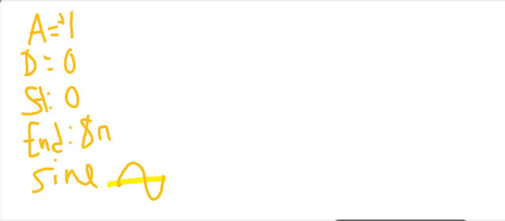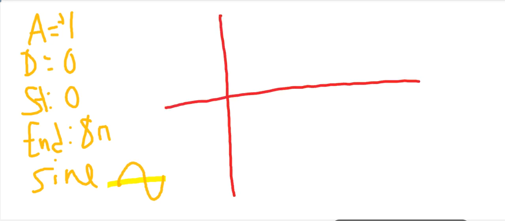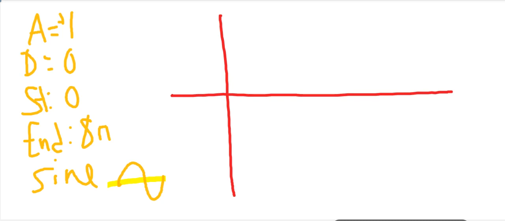So let's draw this x, y axis. Okay, so we know the start is 0. That right there is really important. That means it did not move the starting position.